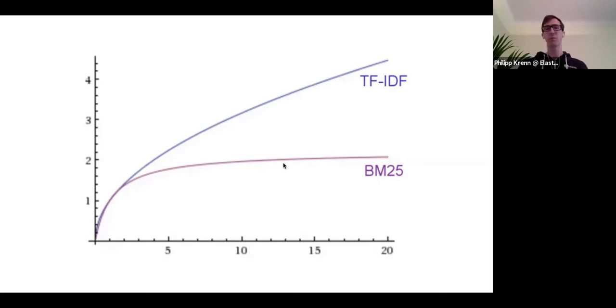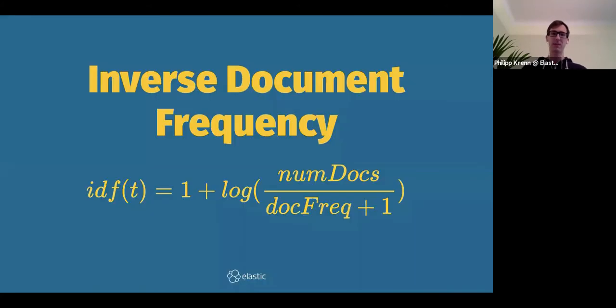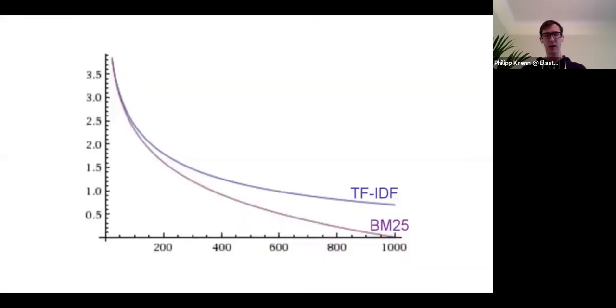So it basically flattens out that curve. It's just tweaking the parameters a bit, but the approach is the same: the more Lukes you have, the more relevant the document. Next up, you have the inverse document frequency, which calculates over all the documents that you have how common that term is, which then means the rare terms are more relevant than the common terms. If you have something that is rare, it's kind of precious, so the score should be higher, which looks something like this.